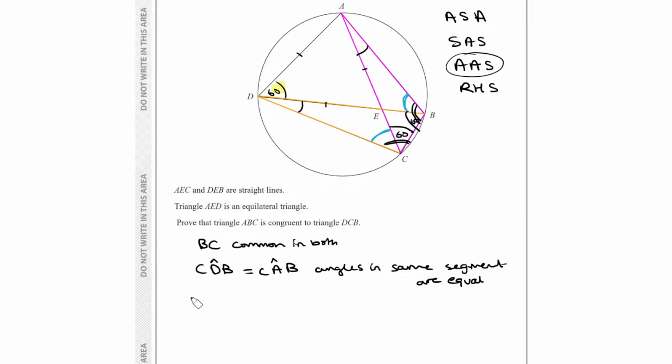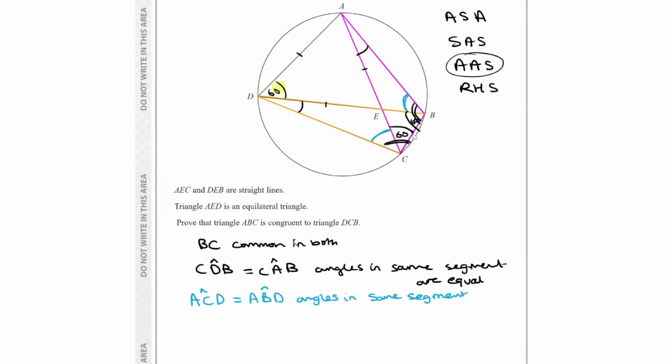I've said that ACD is the same as ABD. Yeah, there we go. Because of the same reason, we're just using angles in the same segment like a million times. And that's part of one of the angles in the triangle, isn't it?